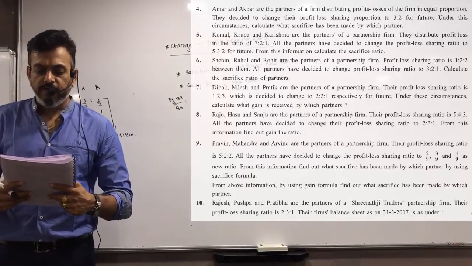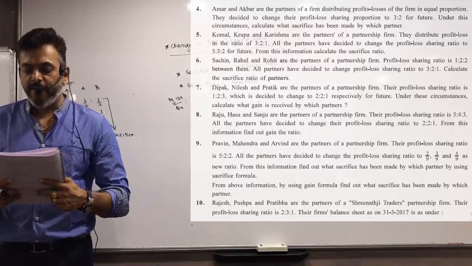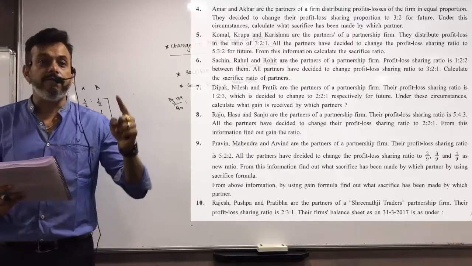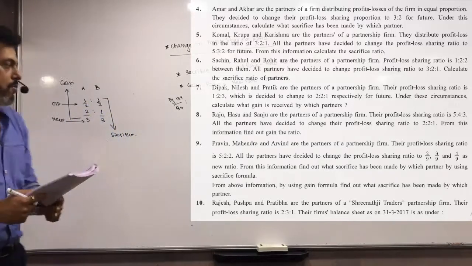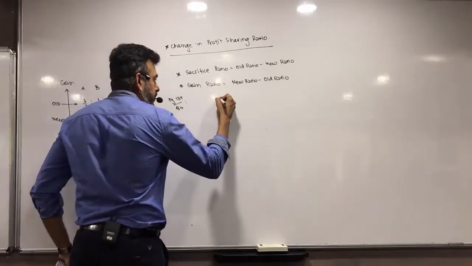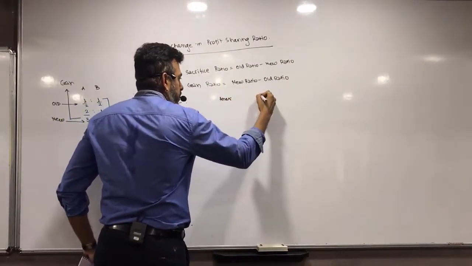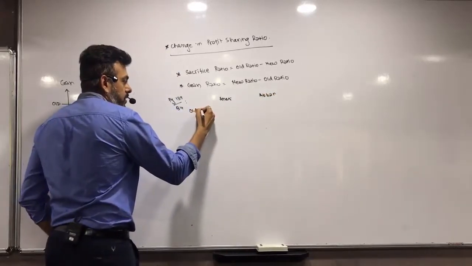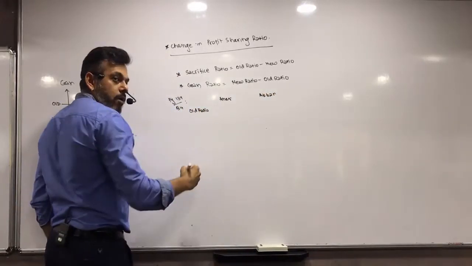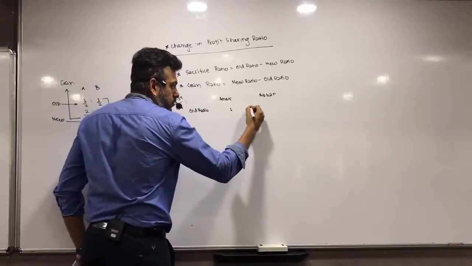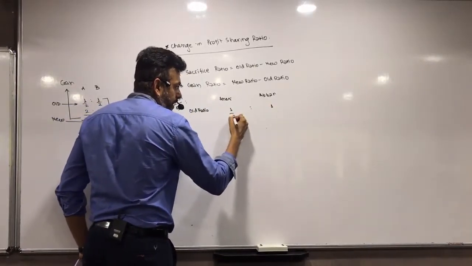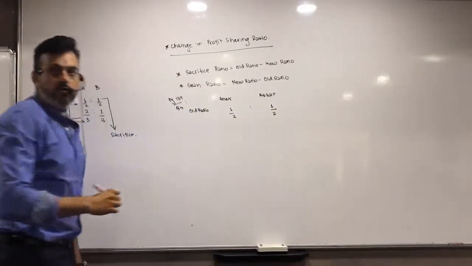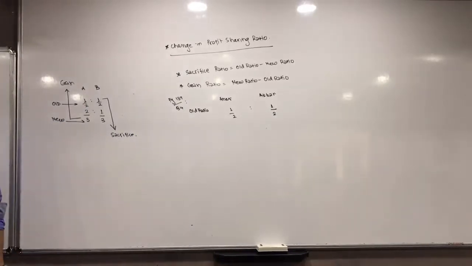Under these circumstances, calculate what sacrifice has been made by which partner. Now, what we do is, Amar and Akbar. Now, what is the old ratio? Equal. So, 1:1. यानी क्या? 1/2 upon 1/2. All of you understood this?